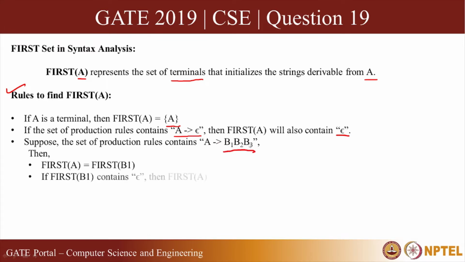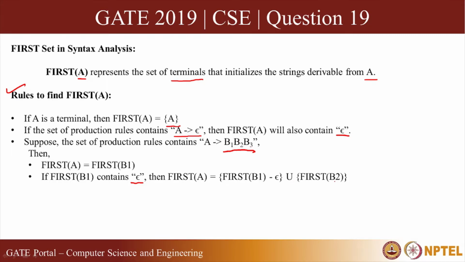Now suppose the first of B1 contains null. Then our whole operation may go to B2 and B3. So first of A will be first of B1 minus null, union first of B2, because we are not considering null but directly going to B2 and B3.